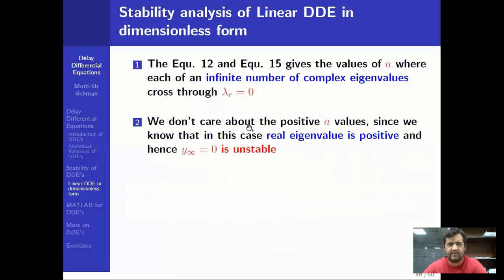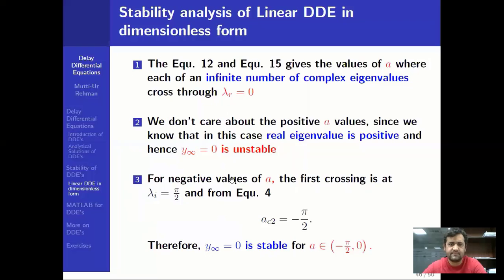Since we know that the values of A are positive, we really don't care about this, because we already know that the real eigenvalues are positive. So if they are positive, it means that our equilibrium solution is unstable.